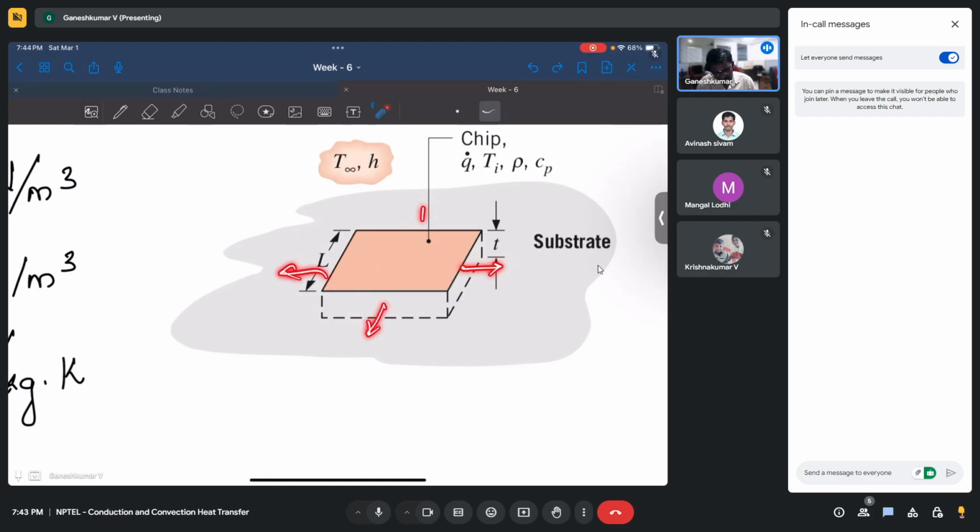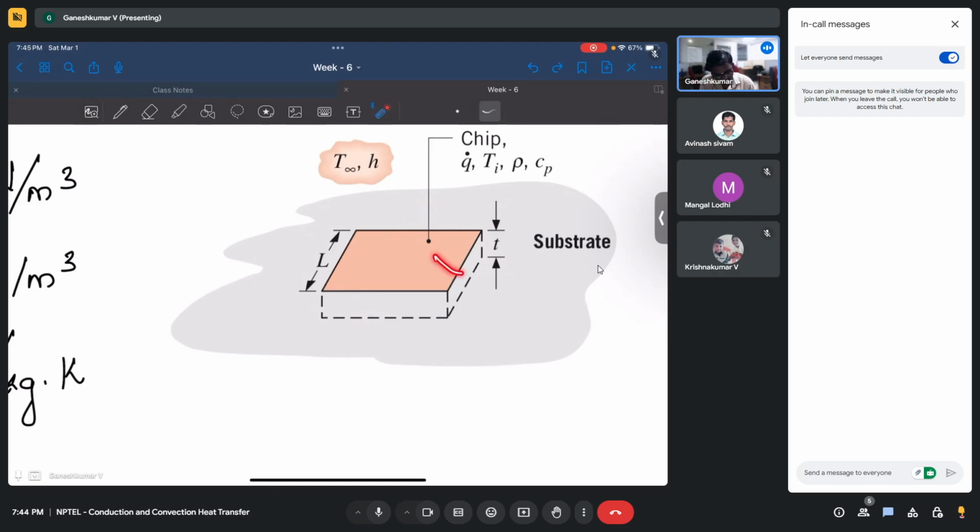And in addition, the fluid which is flowing here does not just pass through the chip, it is also going to pass through a little bit of substrate. Which means there's going to be some more convective heat transfer with the substrate also, and that substrate's heat is also actually coming from the chip.